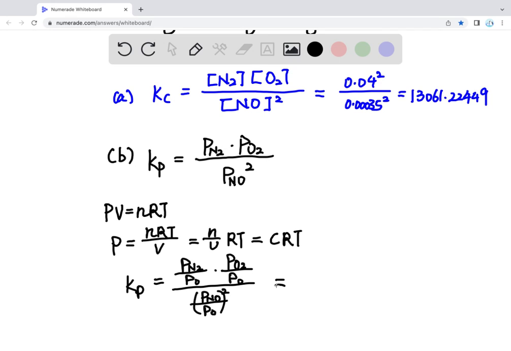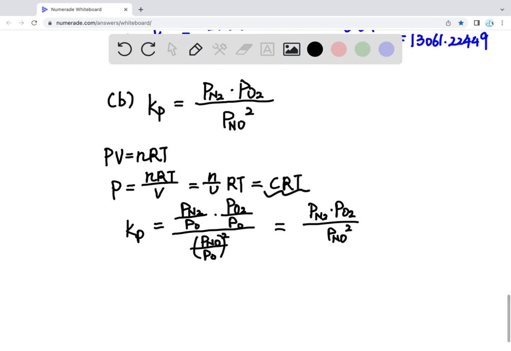So in that case, you will find the P0, the reference pressure, can be canceled. So it's PN2 times PO2 over PNO squared. And then we can plug in P equal to cRT.